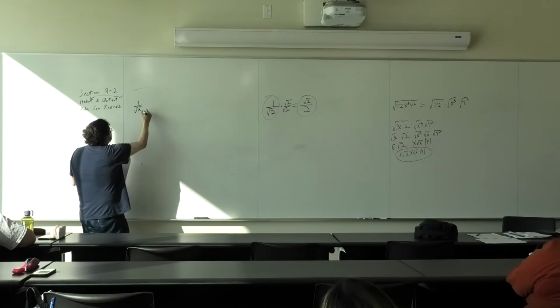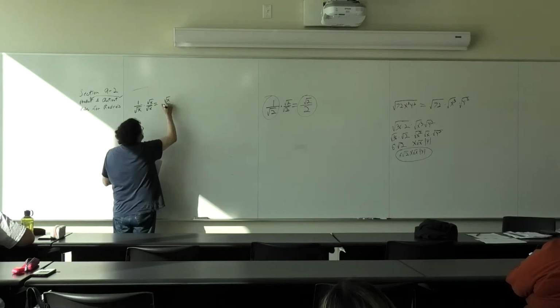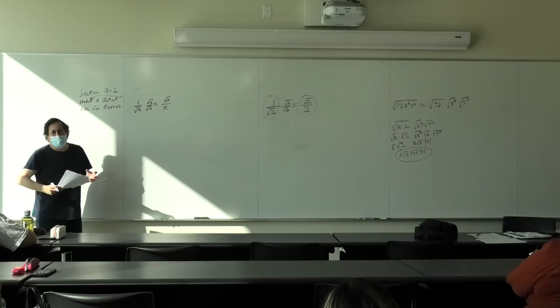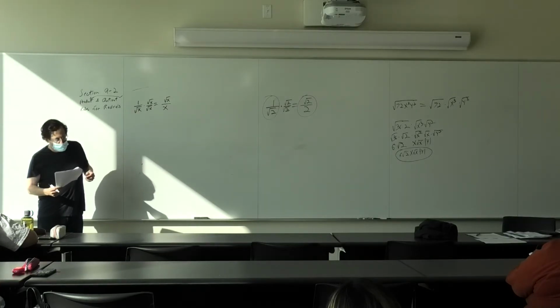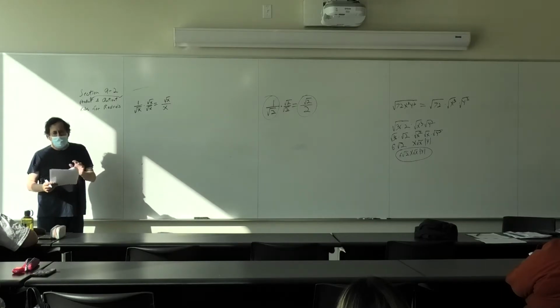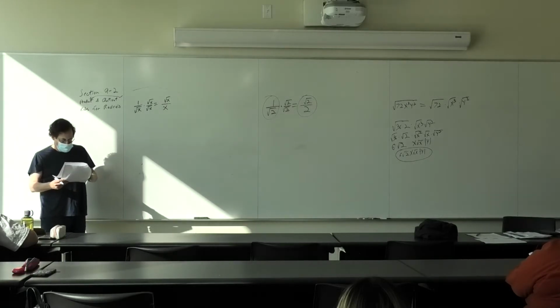Well, then it might make sense to go square root of x equals square root of x over x. Because again, sometimes it's useful not to have a root in the denominator when you have a variable. We'll see some examples of that, I'm pretty sure.